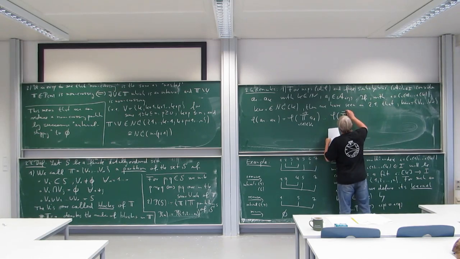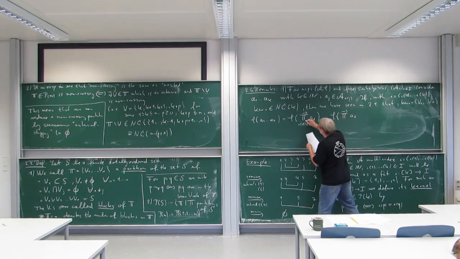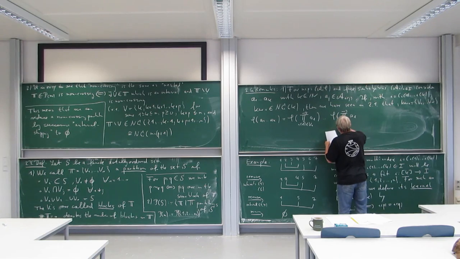So again, I take the product in the original order of all elements, so the product of all l such that i(l) is in V_R. Good.